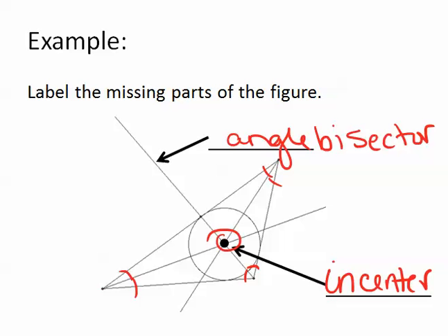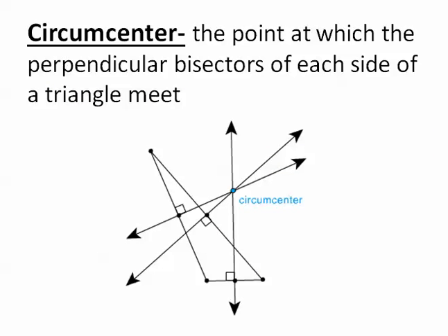Okay, moving forward. Let's talk about the circumcenter. It's again a center. It's the point at which the perpendicular bisectors of each side of a triangle meet. So now we're going to look at perpendicular bisectors. If you look right here, we have all these perpendicular lines drawn against each side. So against each side of the triangle, we draw a perpendicular bisector.